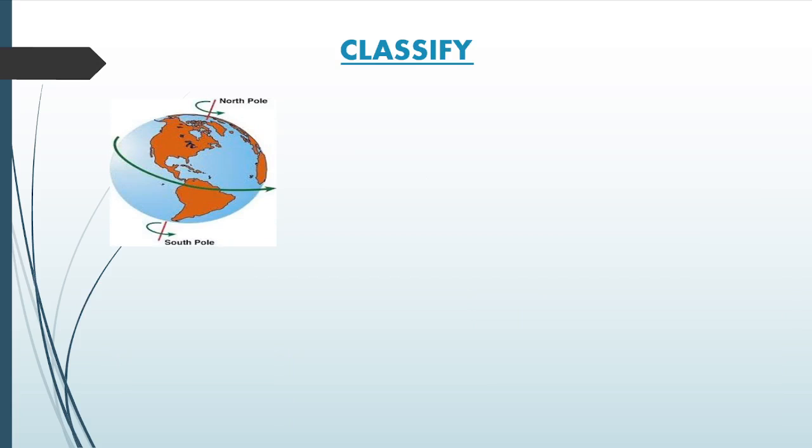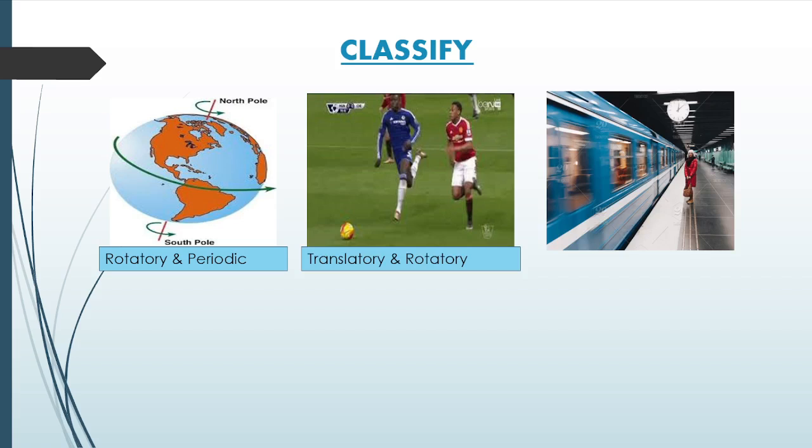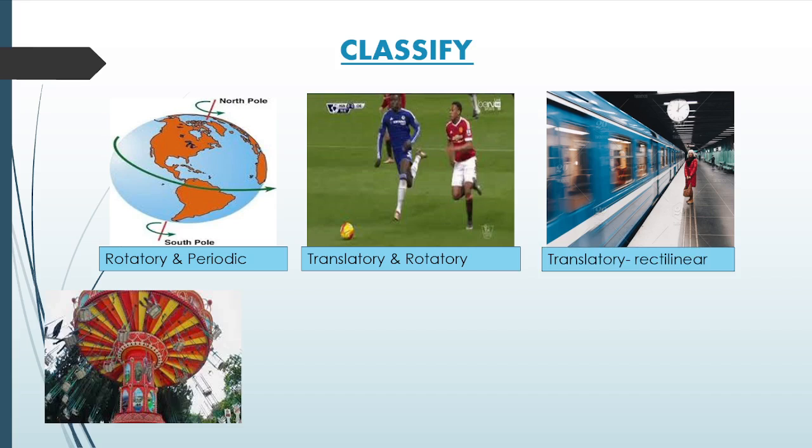Let's try to classify the different types of motions that we see here. The motion of the earth will have rotatory as well as periodic motion. Motion of the football would be translatory, rotatory motion. The motion of a train arriving at the station would be rectilinear translatory motion.